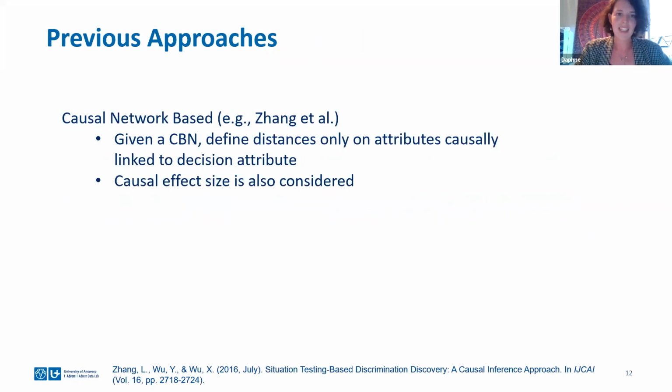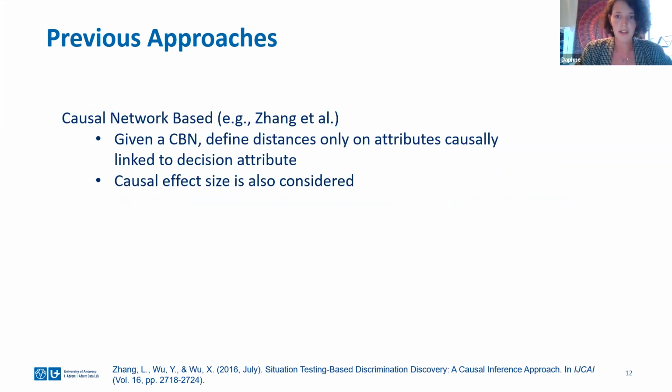There has already been some work done on learning or defining a distance function that is a bit more sophisticated than the one used by the original paper. One is given by Zhang and his colleagues, where they show how a distance function can be learned from a causal network.